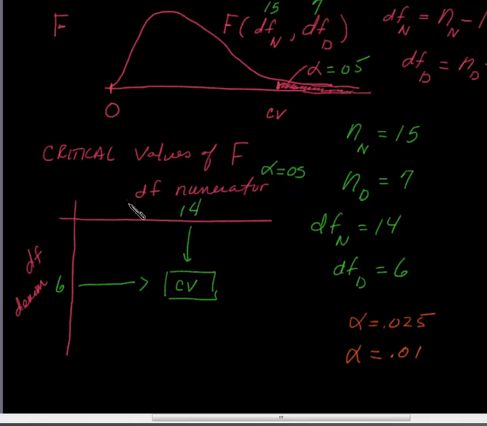But if we were to turn those numbers around, 6 and 14, if we were to make a mistake and get those reversed, then we would look right here in the table to find the critical value, and these two would not be the same. So the degrees of freedom are not interchangeable. Numerator means numerator, denominator means denominator.